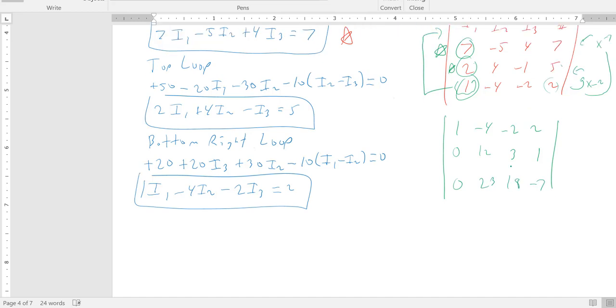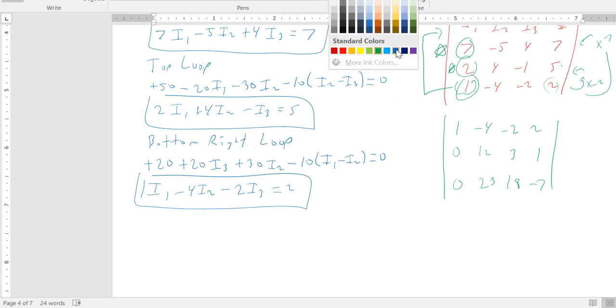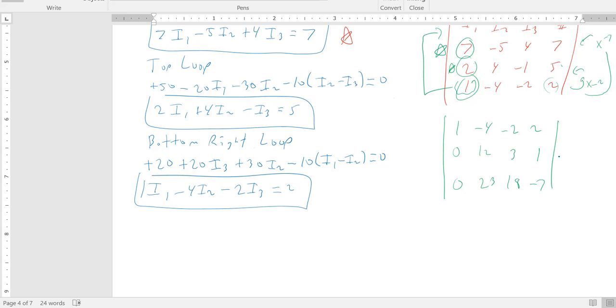Okay, and then finally, I will take this second equation here and multiply it by -23/12 and add it to that equation. That way, that will get rid of this coefficient right there. That'll become a 0. And then your final result is 1, -4, -2, 2.